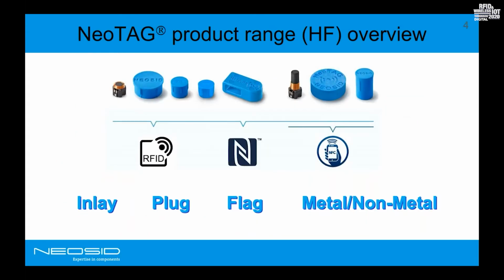The product range of Neosid RFID transponders: we have different types of transponders. The one on the left side is called the inlay. That's how the transponder is produced.